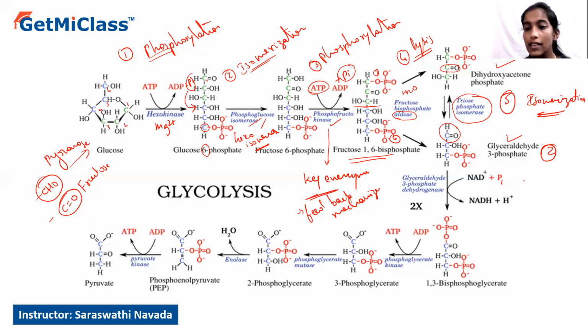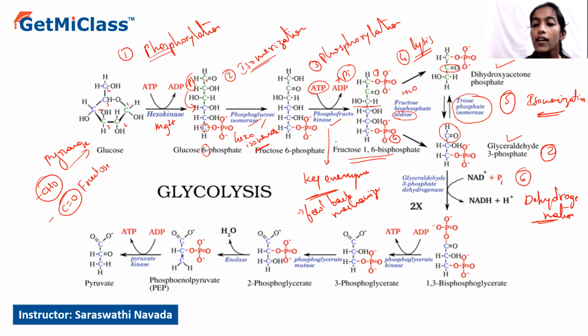So the sixth step is called dehydrogenation. Dehydrogenation means the hydrogen atom will be removed from the reducing agent or from the respective substrate. Okay, so that process is called dehydrogenation.